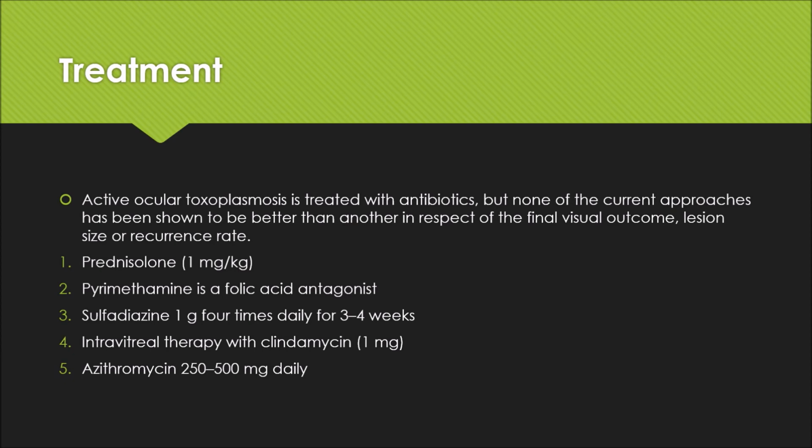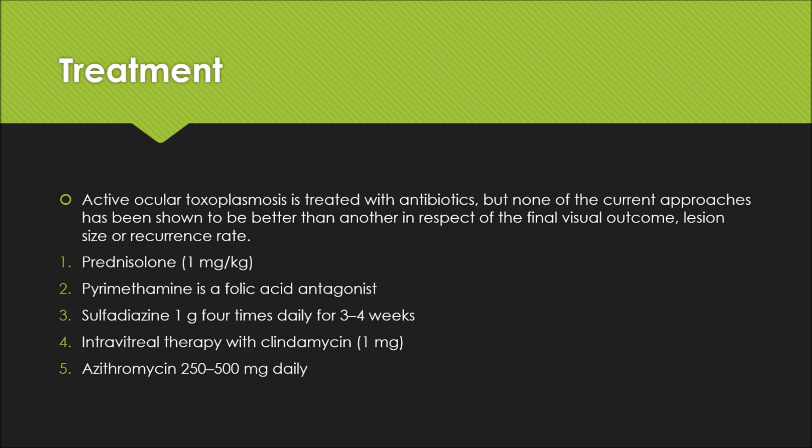Clarithromycin may be a good alternative to azithromycin. Cotrimoxazole, trimethoprim 160 mg to sulfamethoxazole 800 mg twice daily in combination with prednisolone is a low cost and better tolerated option but might not be quite as effective as the classic therapy.